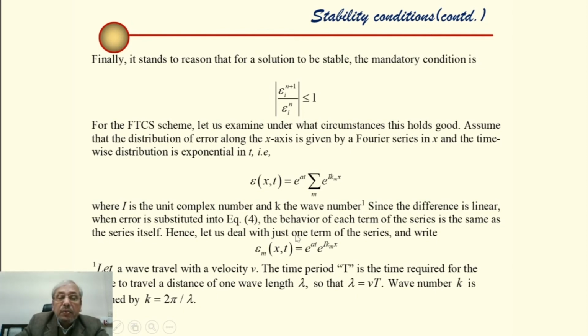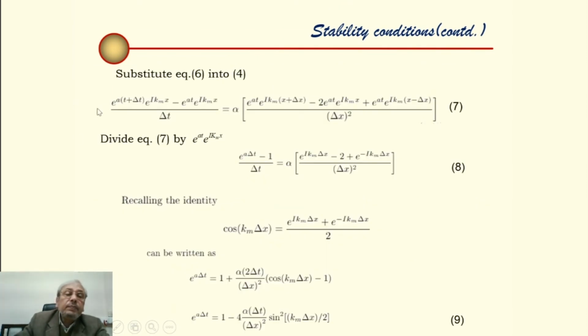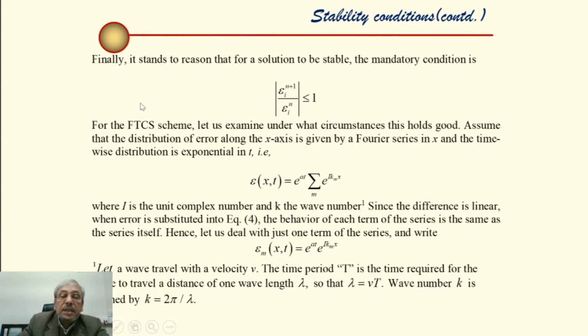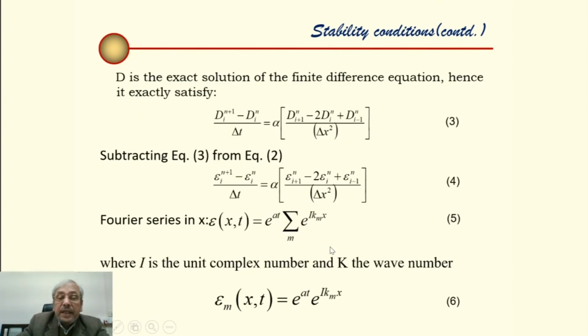Hence, let us deal with just one term of the series and write that epsilon m(x,t) equal to e to the power at into e to the power I km x. And this epsilon we substitute here.